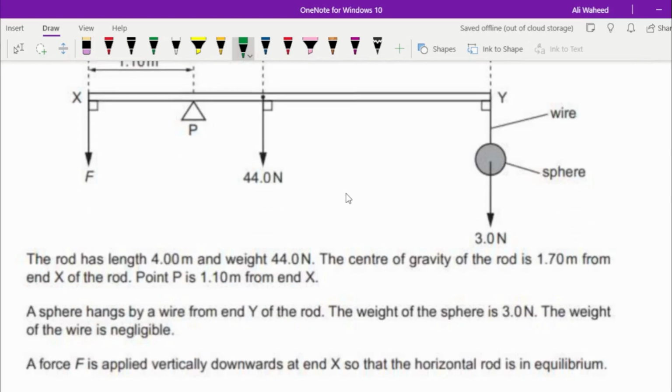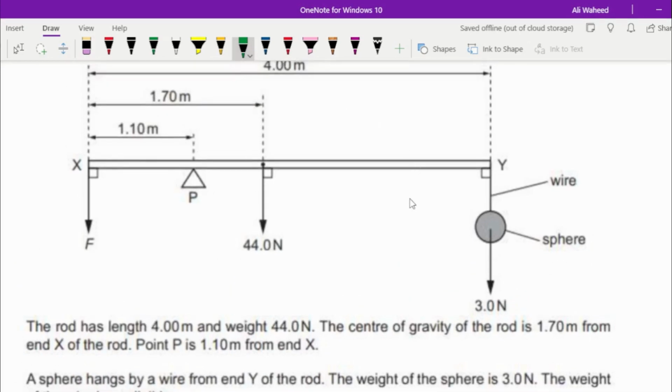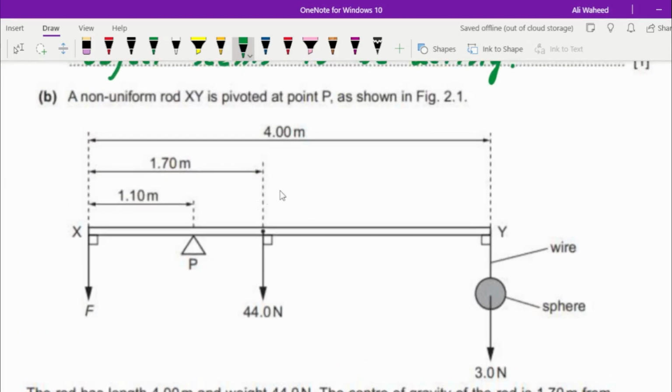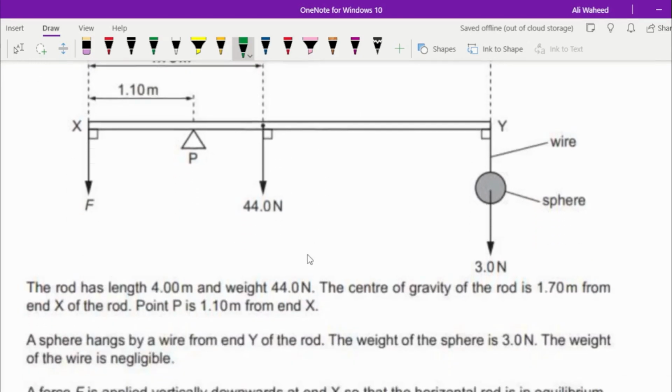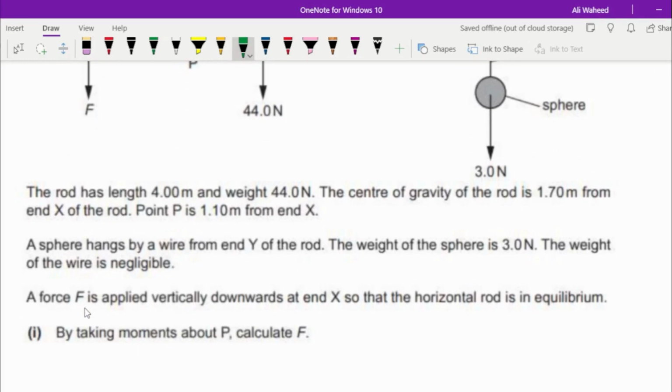So anyway, then we have some of the specifications. They have just described what is shown here in the figure, so I'm going to skip the description for a moment. A force F is applied vertically downward, and we can see that as well. And more importantly, the horizontal rod is in equilibrium.